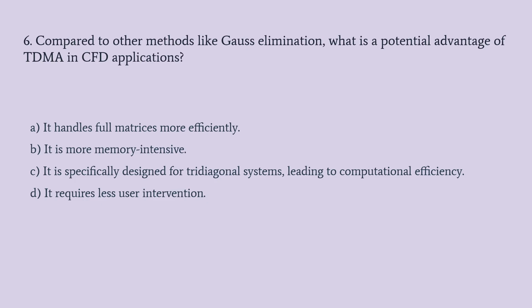Compared to other methods like Gauss elimination, what is the potential advantage of TDMA in CFD applications? So it's a comparison question between Gauss elimination and the TDMA method. Options are: option A, it handles full matrices more efficiently. Option B, it is more memory intensive.